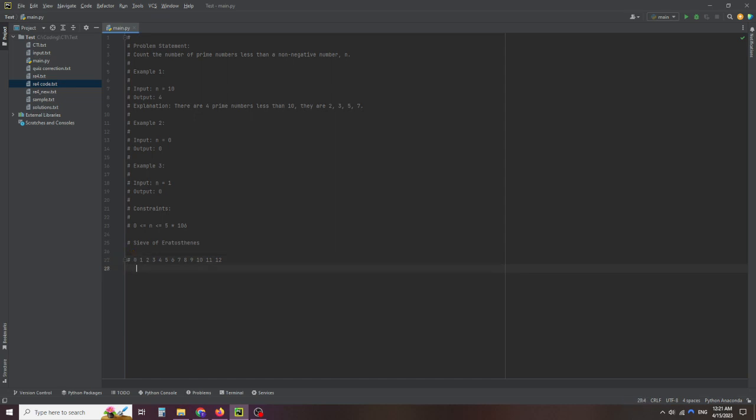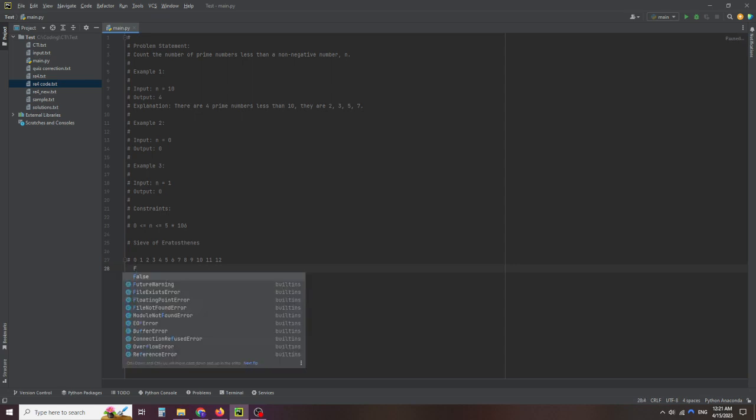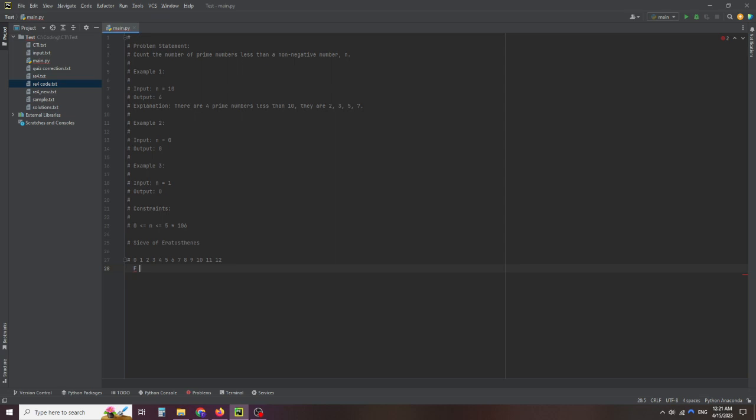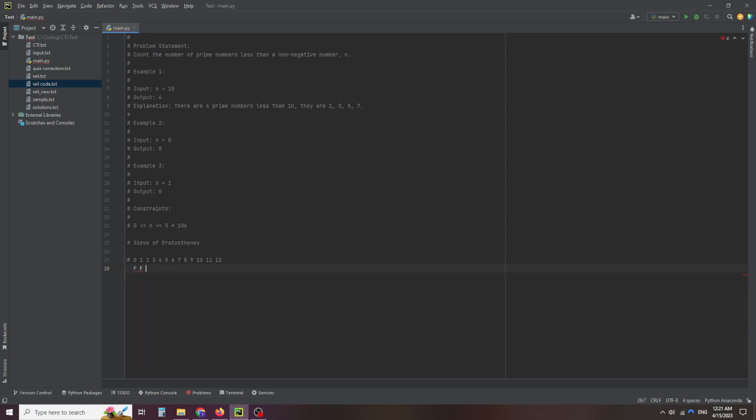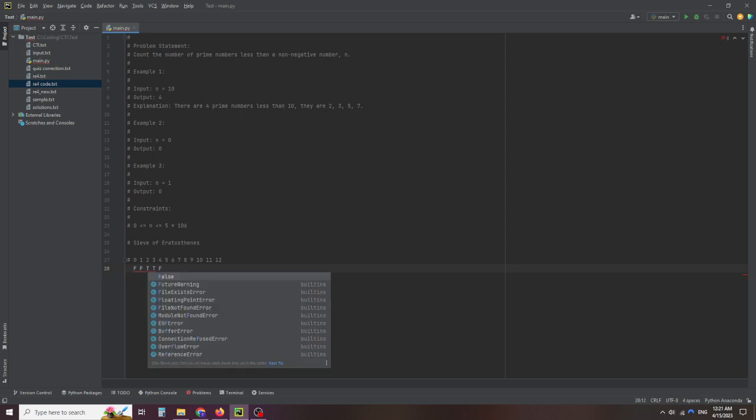So 0 is not considered prime, so this will be false. 1 is also not a prime, so it's considered false. 2 is a prime, so that should be considered true. 3 is a prime. 4 is not because it's divisible by 2.